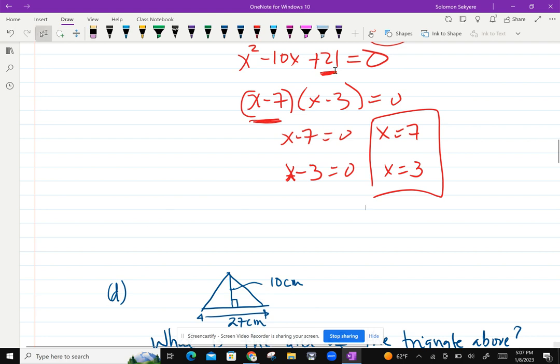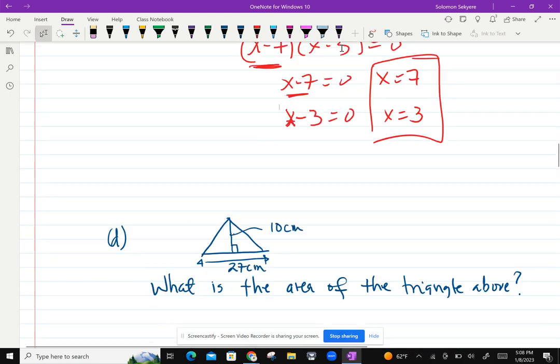Okay, so the factors that multiply to get positive 21 will be negative 3, negative 7. They multiply to get positive 21 and they add to get negative 10. And then you put them in here and then you set it equal to 0. Okay, and then each one equals 0. These are your solutions.